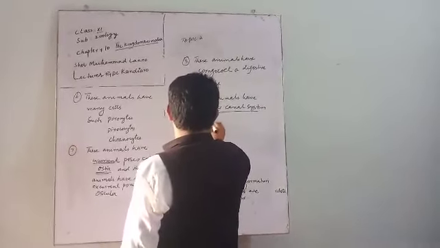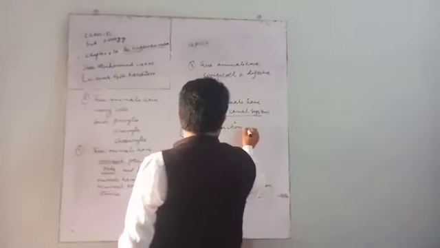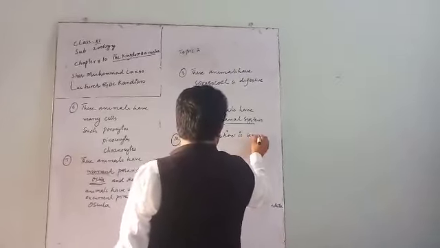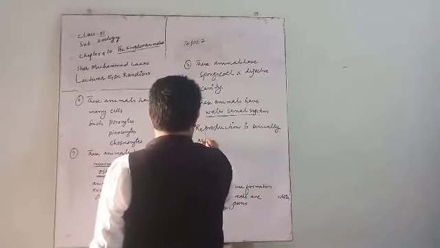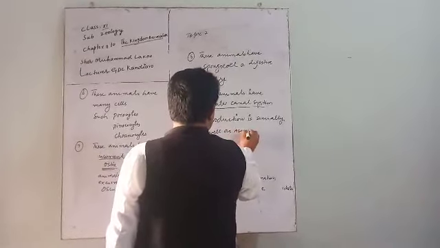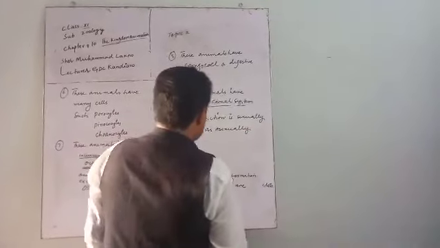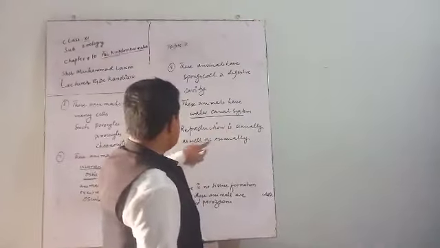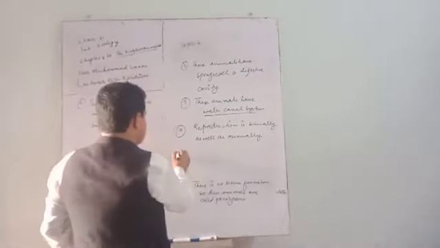Poriferans reproduce sexually as well as asexually. Reproduction is sexual, means gametes are formed, as well as asexual, means gametes are not formed. Fertilization is external fertilization, and takes place in water.